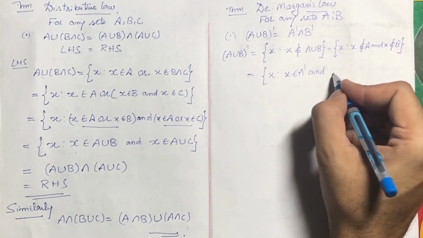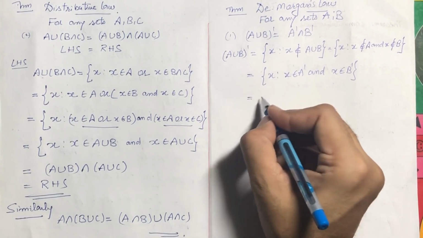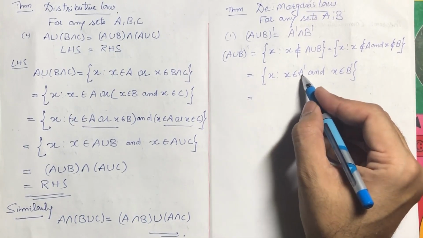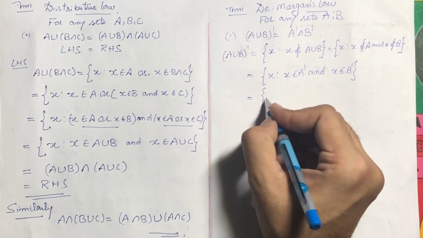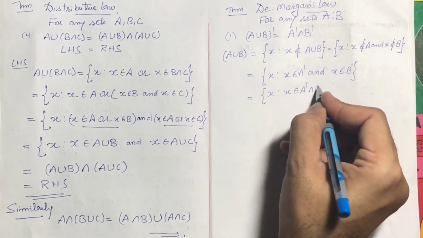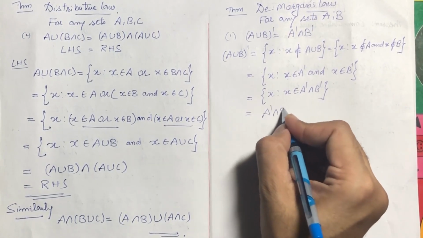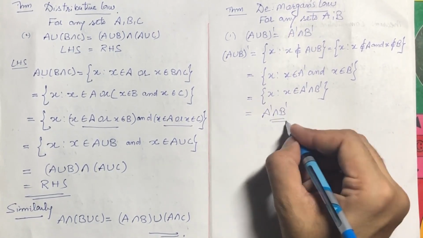If it does not belong to B, it belongs to its complement, and which further implies x belongs to A' and x belongs to B', means x belongs to A' intersection B'. So this is A' intersection B', so hence proved.